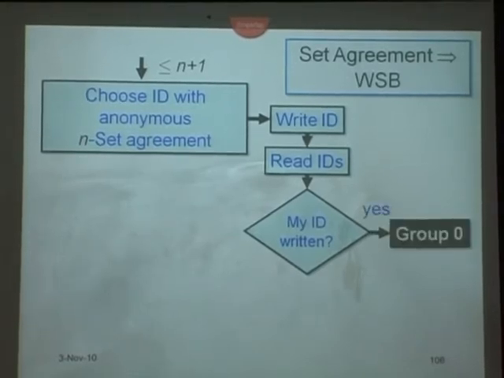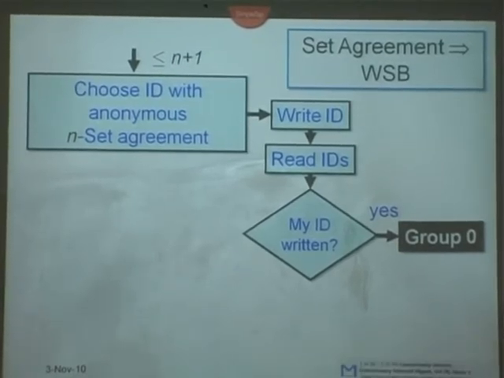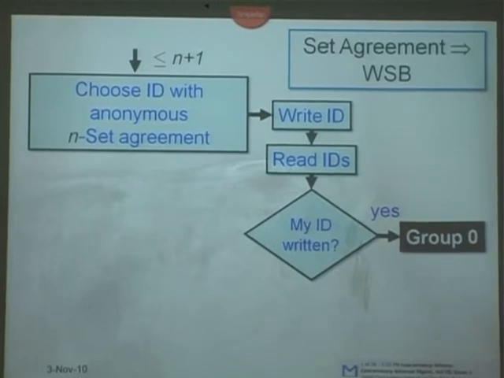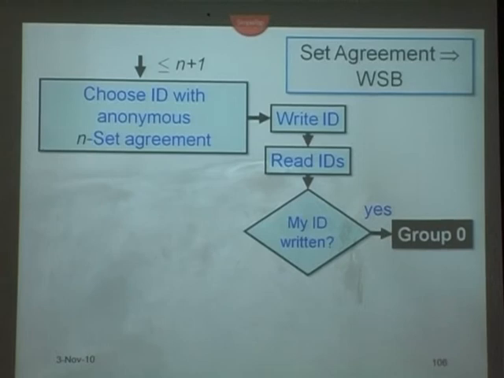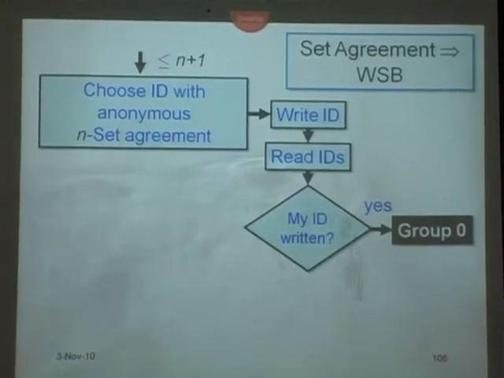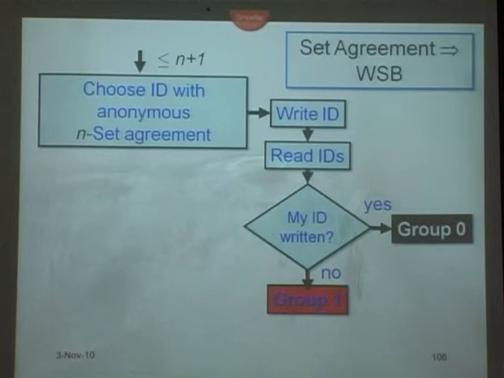So if I see it, then I join group 0. Remember, weak symmetry breaking says that everybody has to join either 0 or 1. And if all n+1 participate, then somebody has to decide 0 and somebody has to decide 1. And we don't care what happens if there are fewer than n+1 participants. If I don't see my ID written, then I'm going to join group 1.